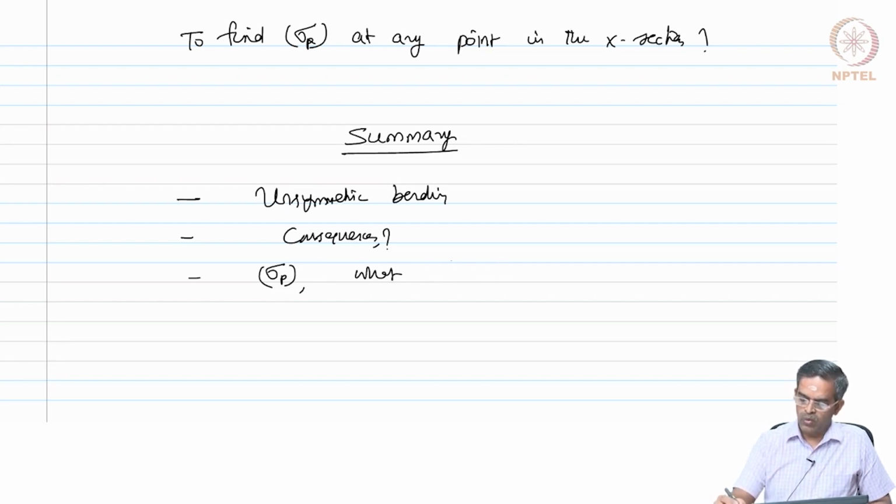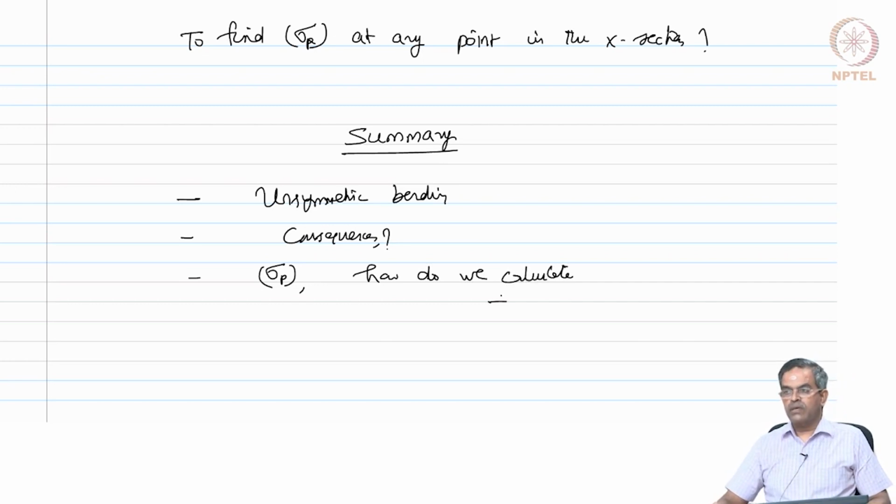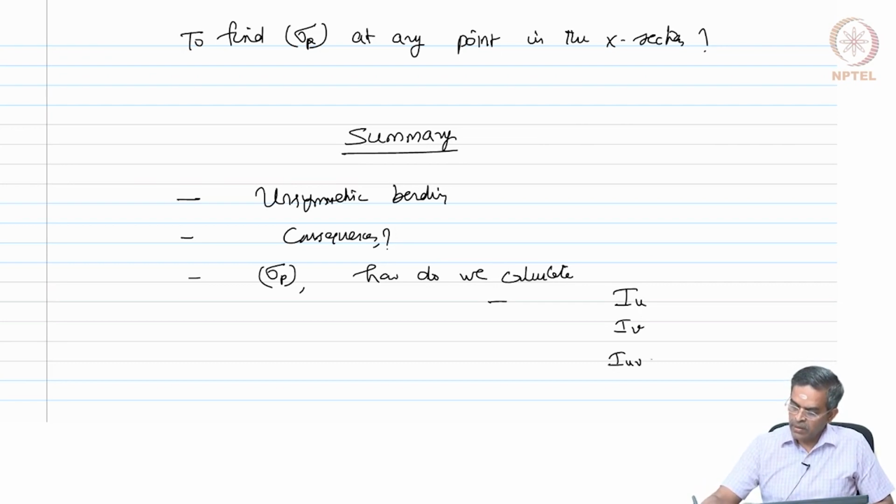So, we said that we need to convert the unsymmetric bending problem into a uniplanar bending problem. To do that, we need to find the principal moments of inertia, and we equated the product to 0 being principal axes, and to find the inclination alpha.